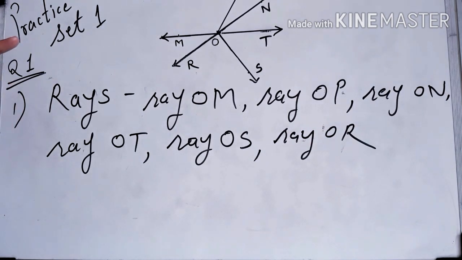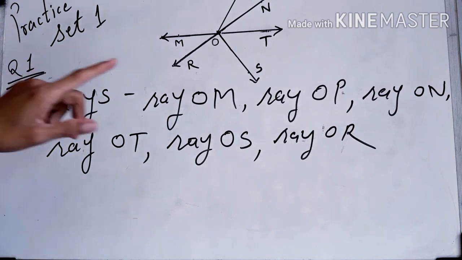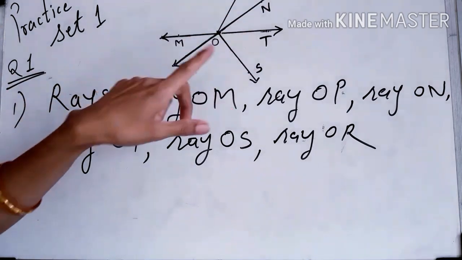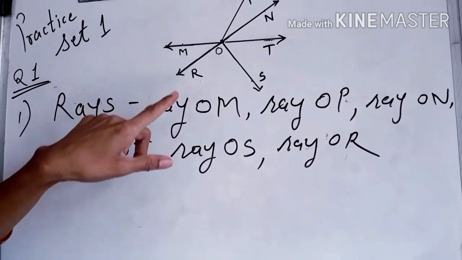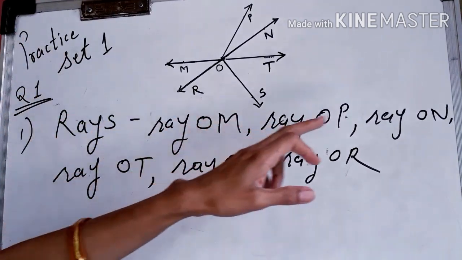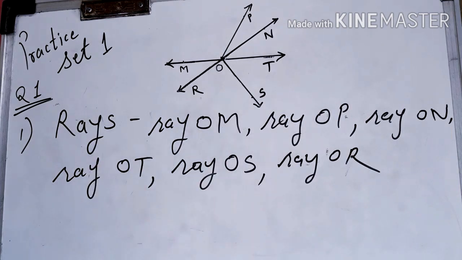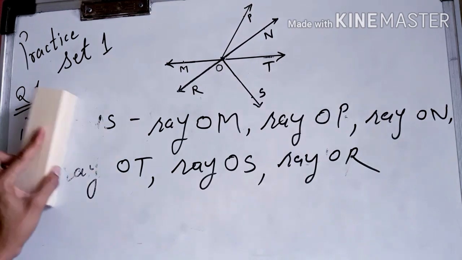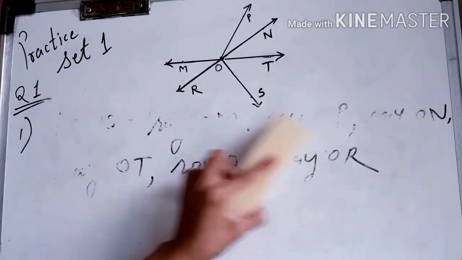So here O will be the origin, and see these directions, they are just going forward continuously. That means these are the rays. There are 1, 2, 3, 4, 5, 6 rays in this particular figure. So did you understand?